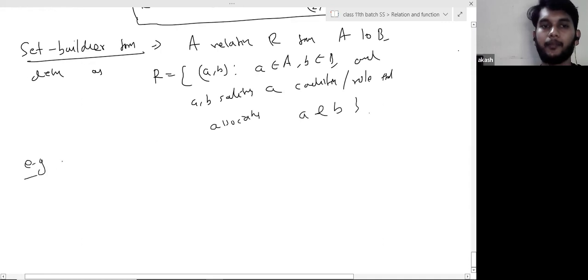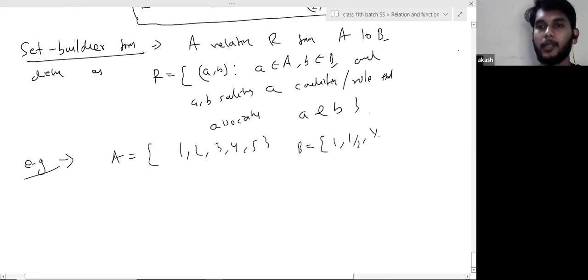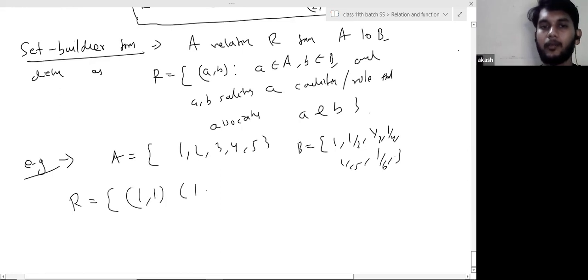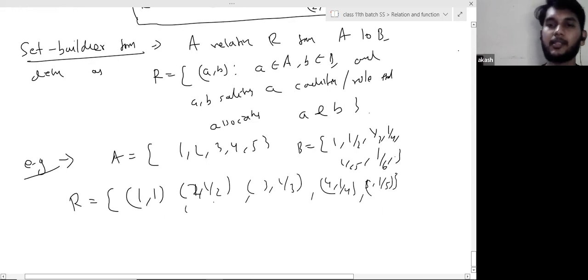For an example, if I give you a set A where we have 1, 2, 3, 4, 5, and set B we have 1 by 2, 1 by 3, 1 by 4, 1 by 5, 1 by 6, and so on, and the relation set is given as (1, 1), (2, 1 by 2), (3, 1 by 3), (4, 1 by 4), and (5, 1 by 5). Suppose this is the relation set.